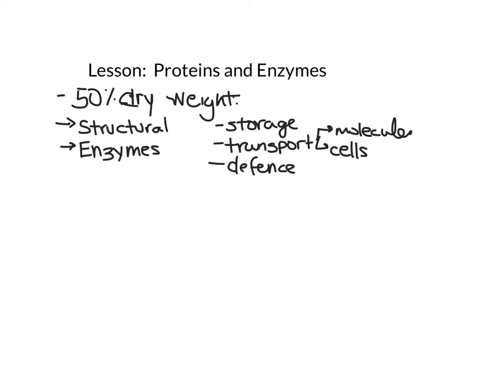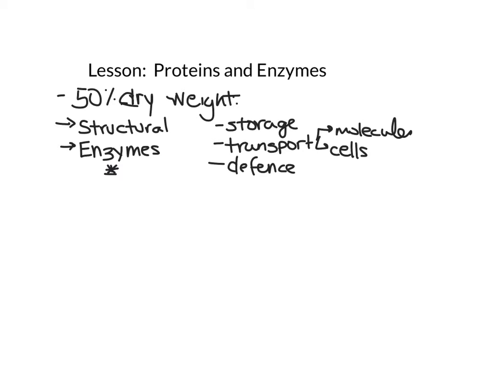And remember that the goal of life is to sustain those chemical reactions that we have in our body, and so enzymes are key to almost every chemical reaction in our body.